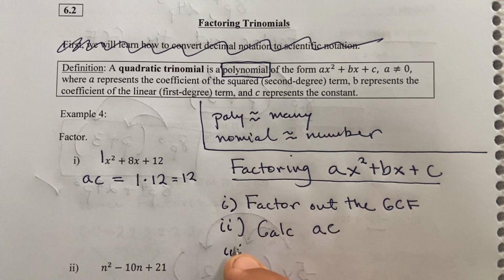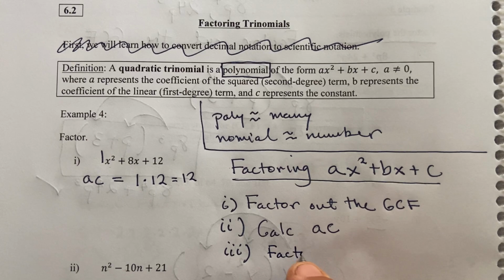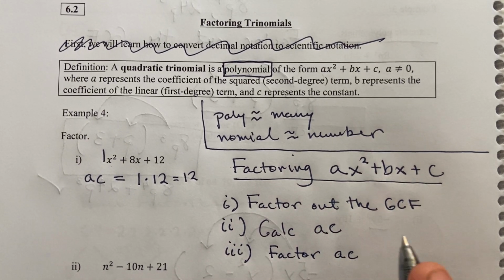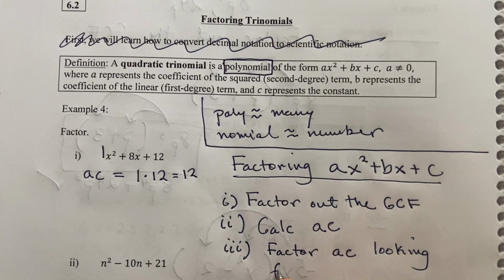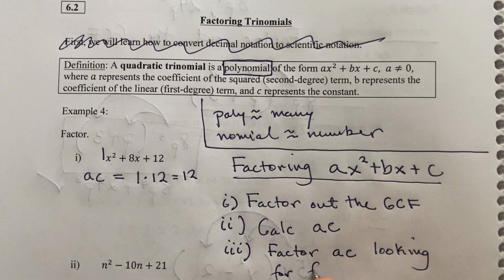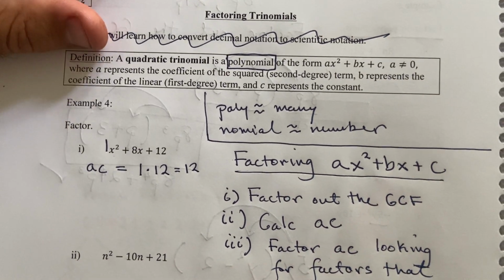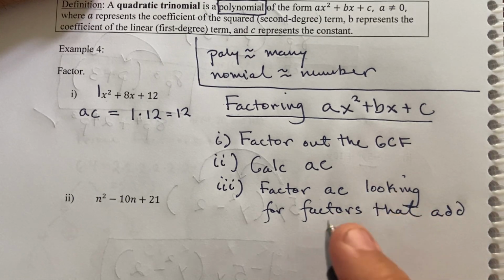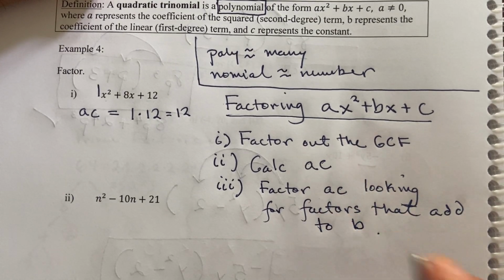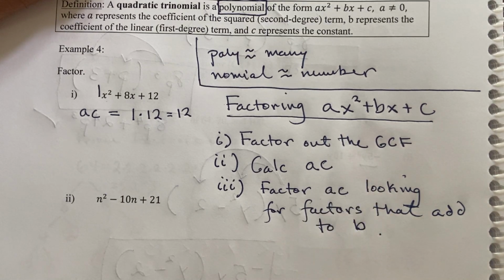Step 3 is factor a times c, looking for factors that add to b. And by b, I mean this number. Okay?